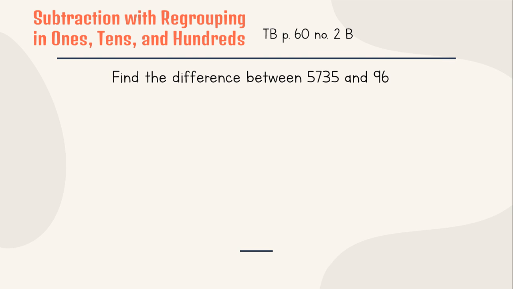Find the difference between 5,735 and 96. You get it, right? So 5 ones minus 6 ones cannot. Because it cannot, we have to borrow 1 ten from 3 tens. So 3 tens borrow 1 become 2 tens. And 1 ten, 5 ones or 15 minus 6, 9. 2 tens minus 9 tens, can it be or not?